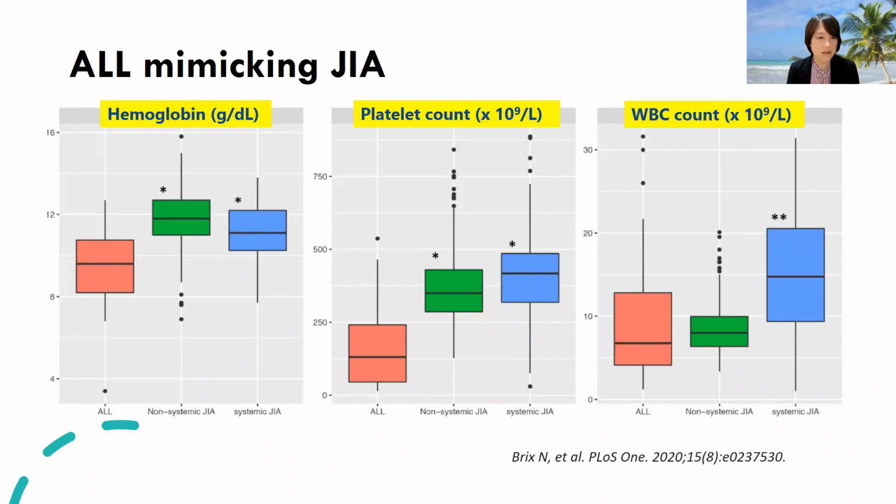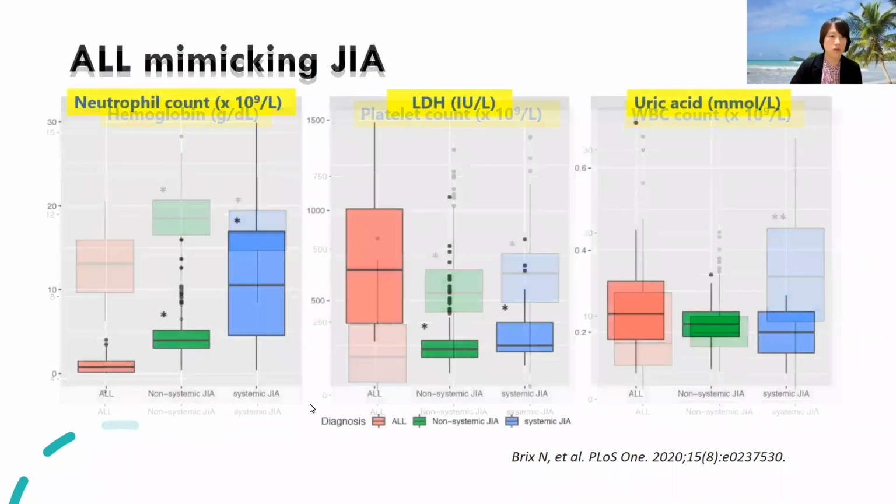In this study, they classified patients into 3 groups: ALL, non-systemic JIA, and systemic JIA. As we know, systemic JIA is quite similar to ALL, and it's very difficult to differentiate, so you have to know the difference between the 2 diseases. ALL patients usually have low hemoglobin level, low platelet count, and low white blood cell count compared to systemic JIA.